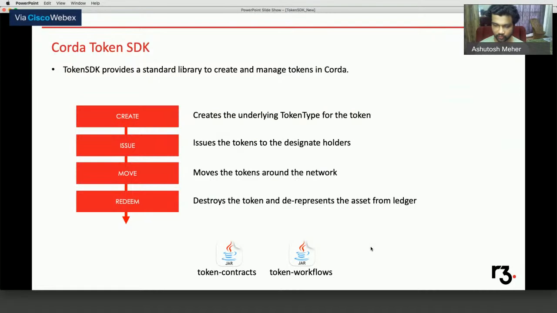They have been merged into the token workflow with token 1.2 so that we have fewer artifacts. So now it's just token contract and token workflow. None of the functionalities are gone. They're all merged into the token workflows. And we just have two artifacts now for the token SDK, which is token contract and token workflow.